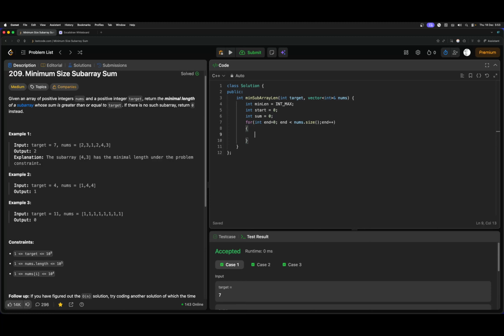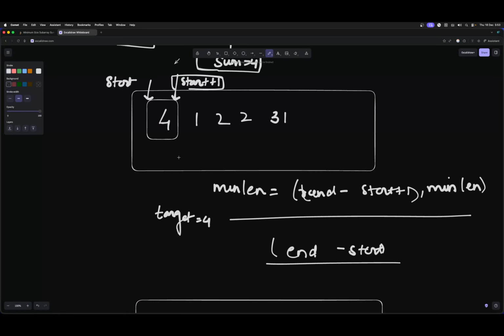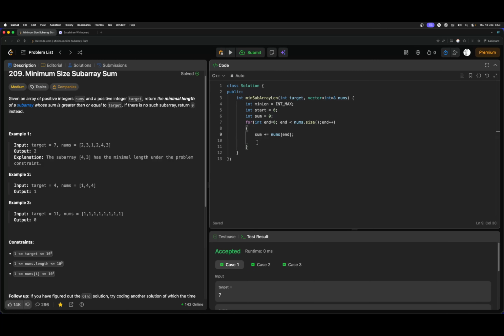And at this point, we are going to try to include the element, the end itself over here, right? Because eventually the number which we are trying to add is end, not the start itself. So that is one thing.